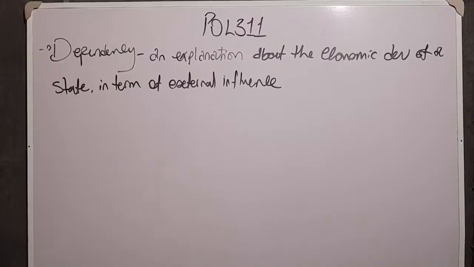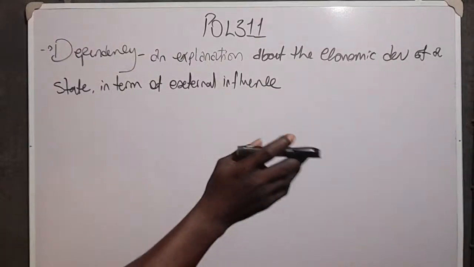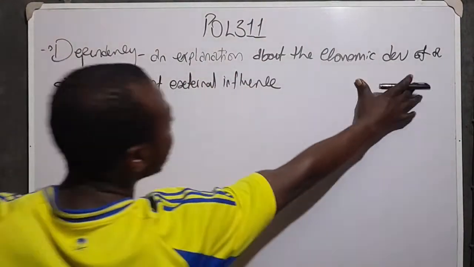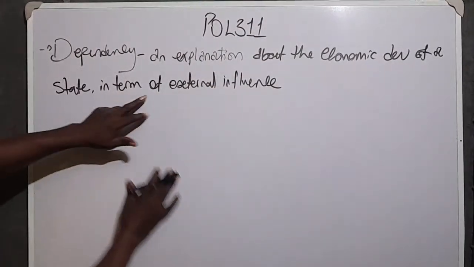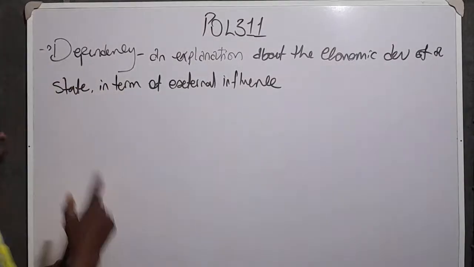Now, this external influence comprises political, economic, cultural, and national development policies. So now let's repurpose that: an explanation about the economic development of a state in terms of external influence.